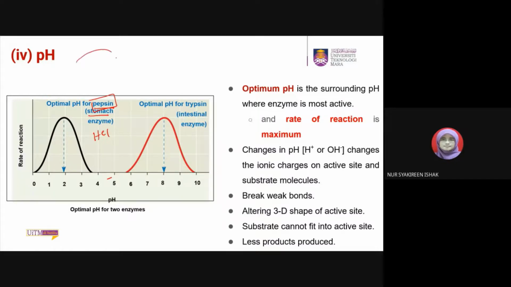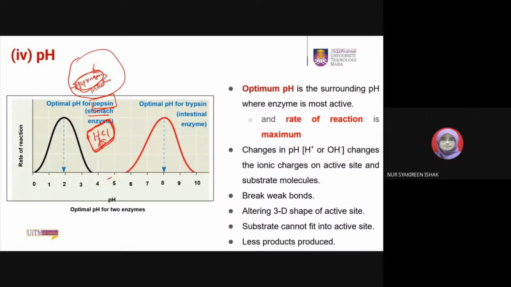Initially, the lining of your stomach produces the inactive form of the enzyme, which we call pepsinogen. This pepsinogen is in inactive form. In order to activate it, it has to be in a really acidic condition, in the presence of HCl.